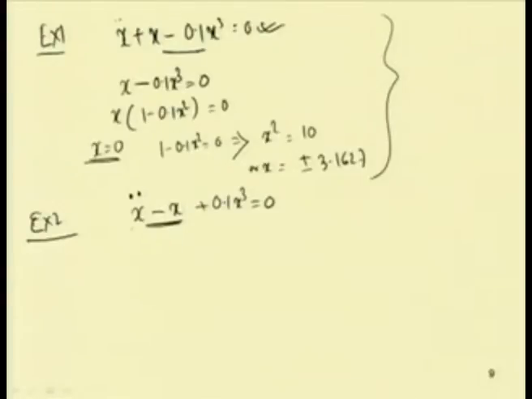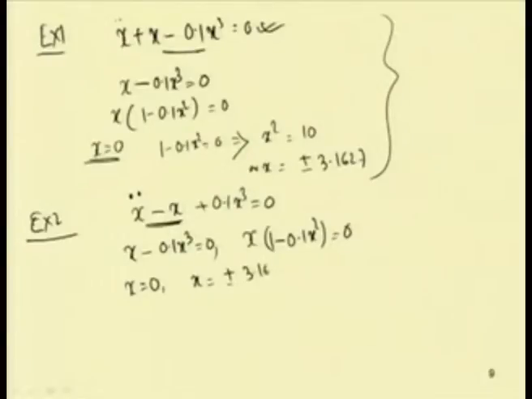For the steady state solution, x double dot will be equal to 0, and the equation can be written as x minus 0.1 x cubed equal to 0. So we have x into (1 minus 0.1 x squared) equal to 0, or x equal to 0 and x equal to plus minus 3.1627.